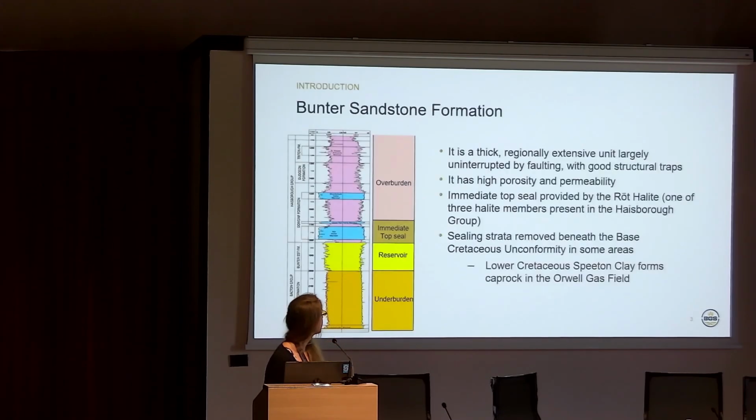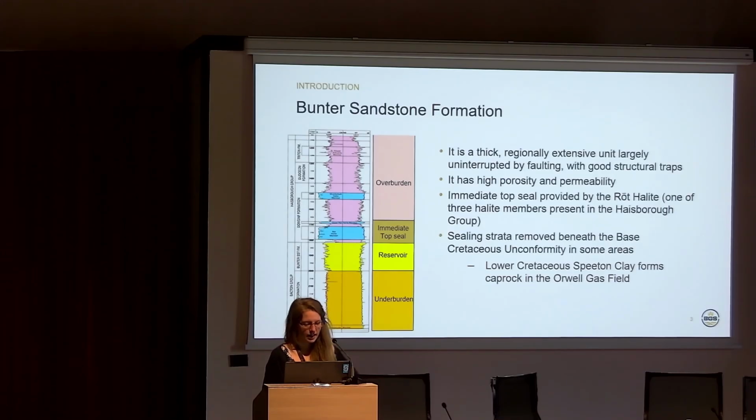Well, the Southern North Sea contains the Bunter Sandstone Formation, which I think most people are familiar with. But if not, it's a thick, regionally extensive unit that is largely uninterrupted by faulting, and it has some good structural traps. It's got high porosity and permeability, and it's overlain by the Haisborough Group, which provides a cap rock.